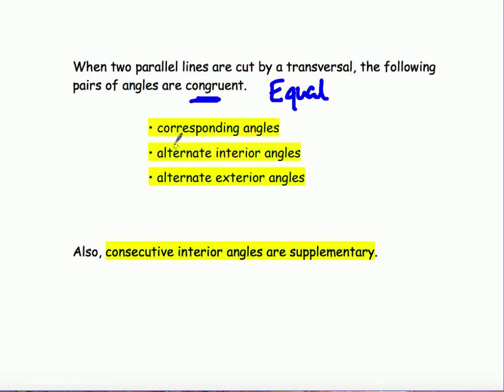What are those pairs? Corresponding angle pairs first, and then alternate interior angles, and then alternate exterior angles, and lastly, consecutive interior angles are supplementary. We will look at each angle pair separately. Please make sure you pause and take notes from this slide.